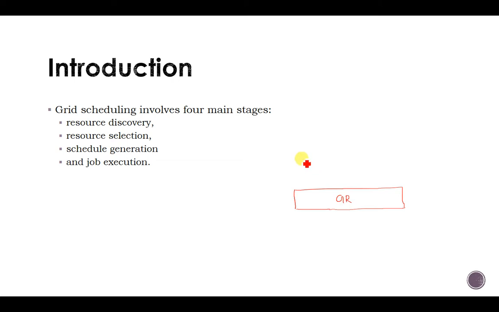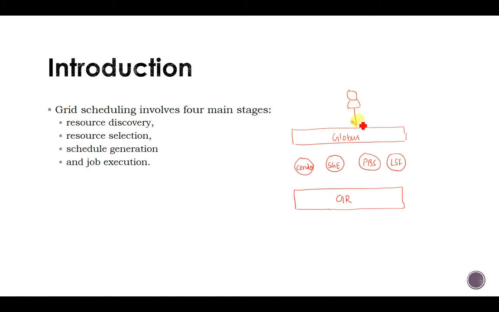Then there are several grid resource management and job scheduling systems like Condor, SGE, PBS, or LSF, and above that there is your grid middleware like Globus Toolkit, and here is the user.